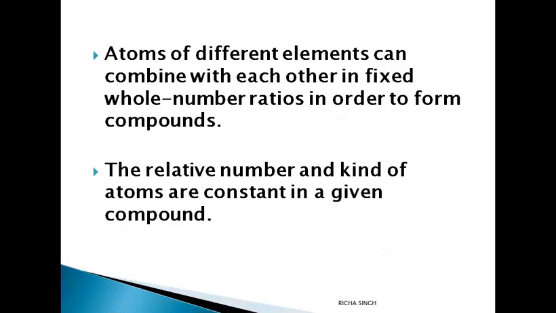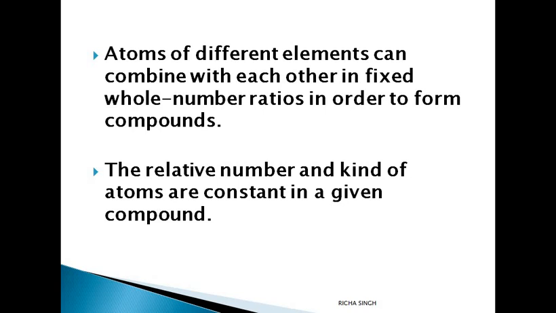The fifth postulate states that atoms of different elements can combine with each other in a fixed whole number ratio in order to form compounds. Now this again proves your second law, that is the law of constant proportion. The fifth postulate completely agrees with the law of constant proportion.